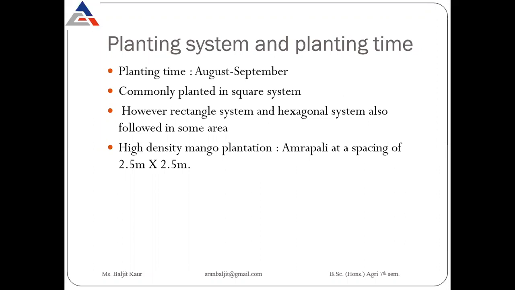So the cambium layer of the rootstock as well as the scion have to unite properly, right? They can unite properly only when the sap flow is very good in the plant. So grafting is done in those months, and planting is done in the month of August and September.